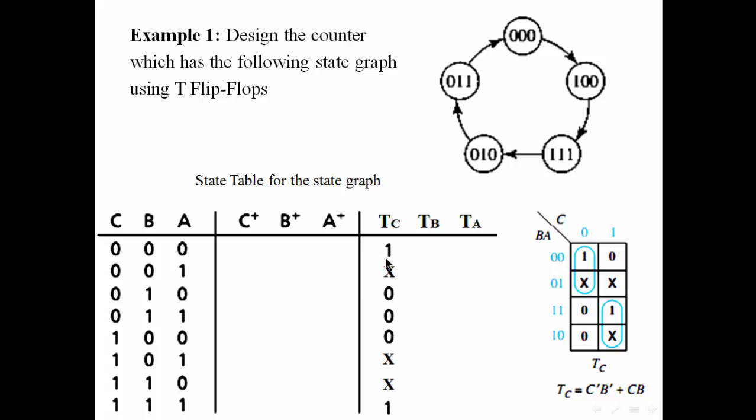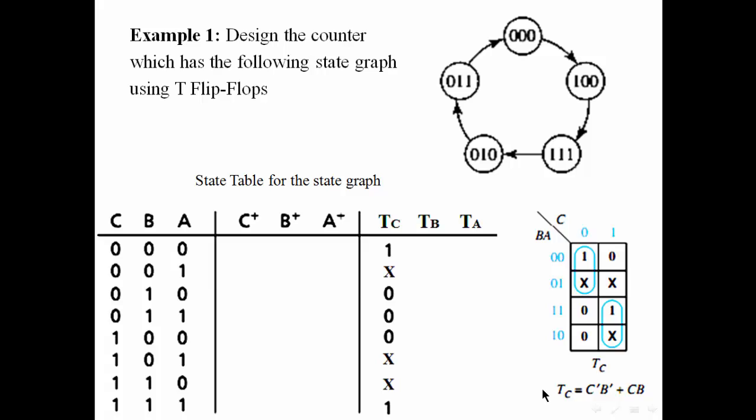We have 1. So CBA 0, 0, 0, we have 1. So we write 1 here. 0, 0, 1, CBA 0, 0, 1, we have X. 0, 1, 0, we have 0. And like this, we fill all the blocks in the K-map.